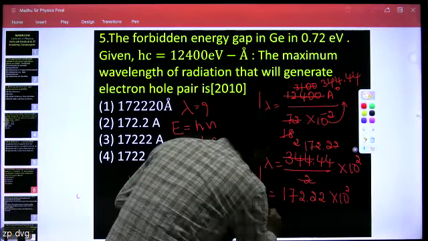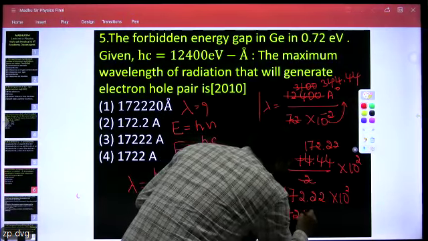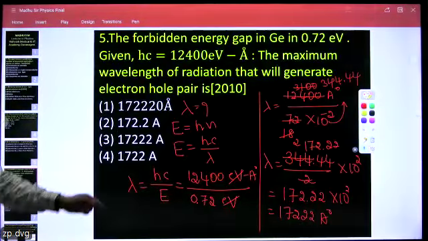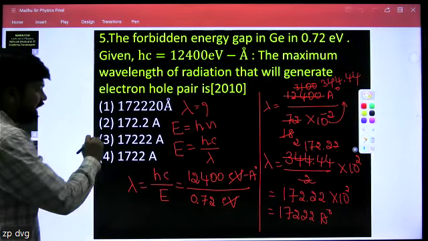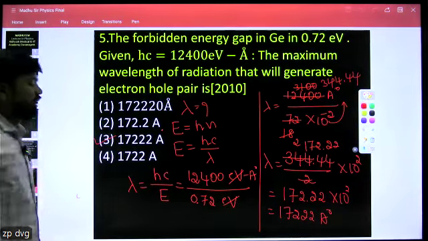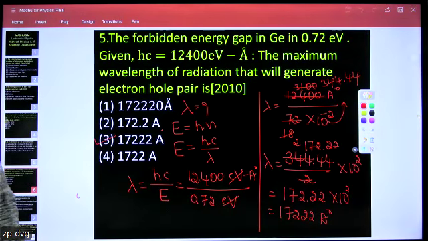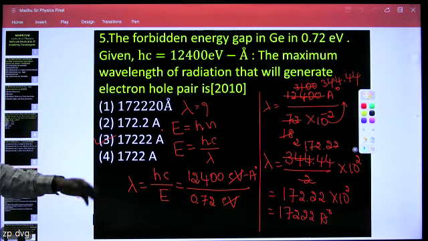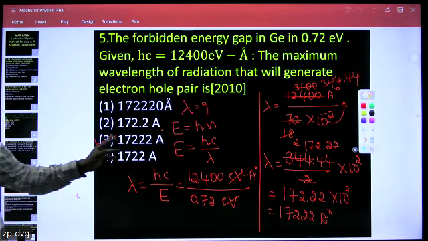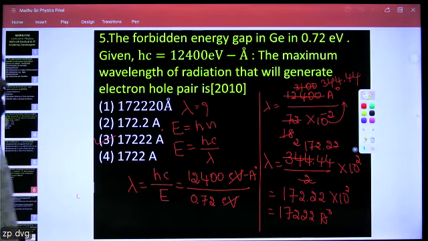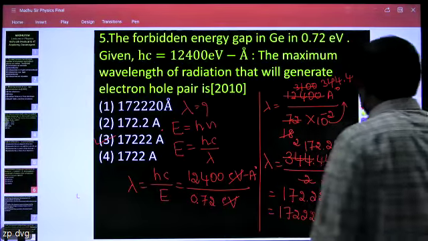Multiplying, we get 17222 angstrom. So this is the right answer. Which option is correct? Option 3 is right. 17,222 angstrom is the wavelength for the electron-hole pair. Next we can switch on to the next question.